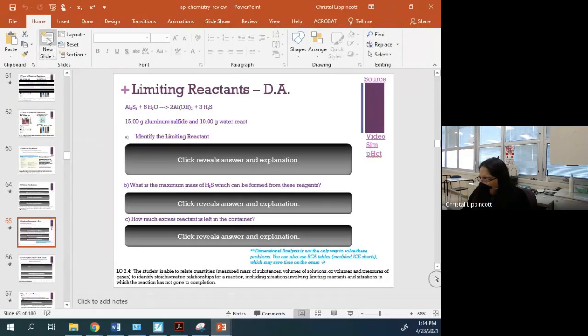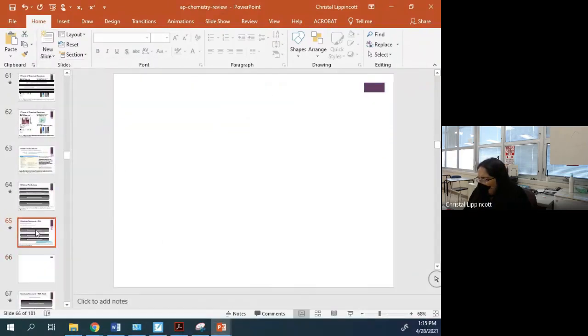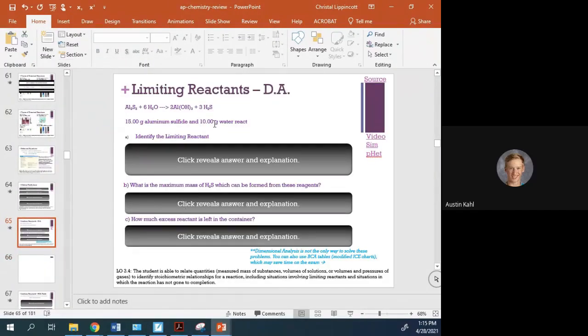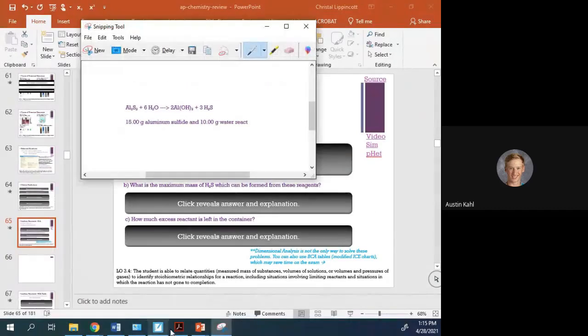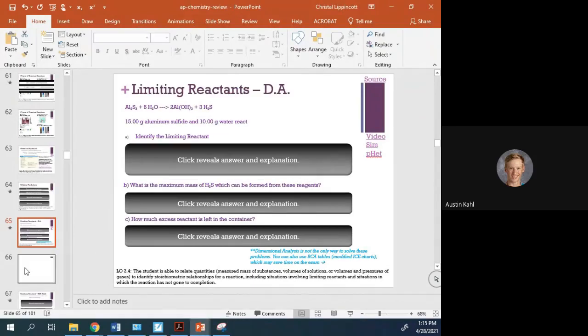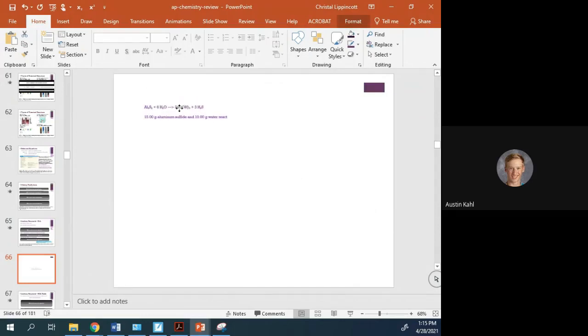I can insert a new blank slide here. How I did it was I found the moles of aluminum and moles of water, and whichever one was lower was the one I chose as limiting. Would that be a correct way of looking at it?